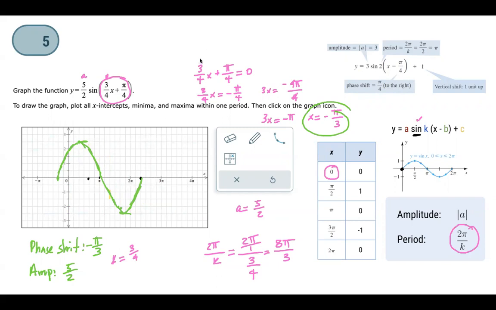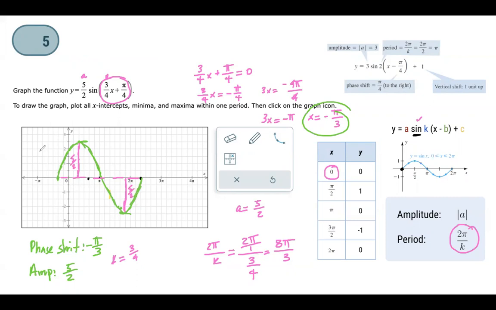So if you notice, this graph has all the required elements. It has an amplitude that is going from the midline. So the midline is this one. So the distance from the midline either to the maxima or to the minima is simply 5/2 or 2.5.